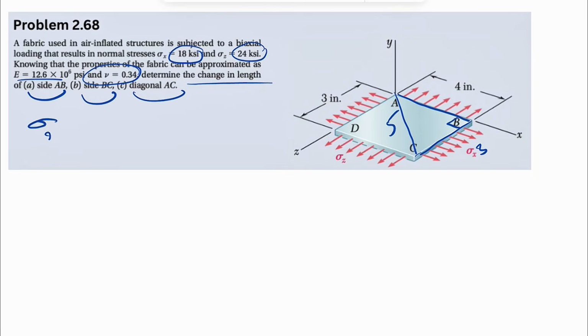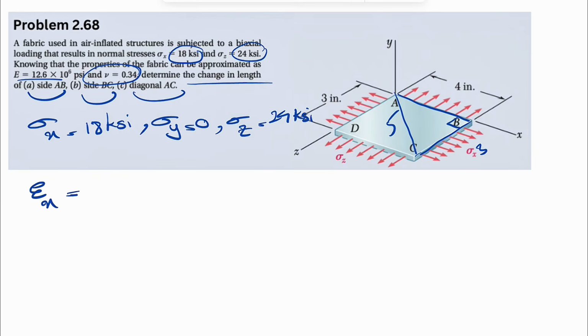So the givens of the question: sigma x is equal to 18 ksi. Since our stress is only in the x-z direction, there is no sigma y, so that is 0, and the sigma in the z direction is 24 ksi. We have a formula for finding the strain in each of these directions.